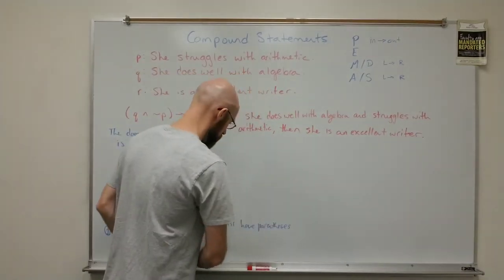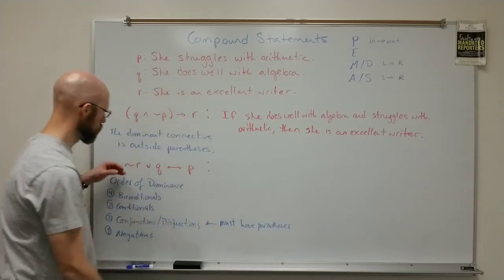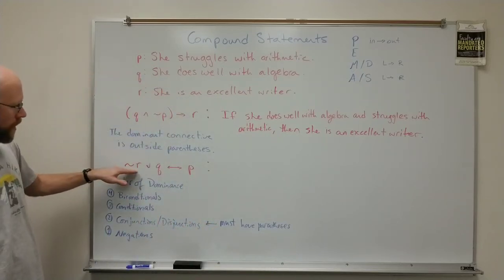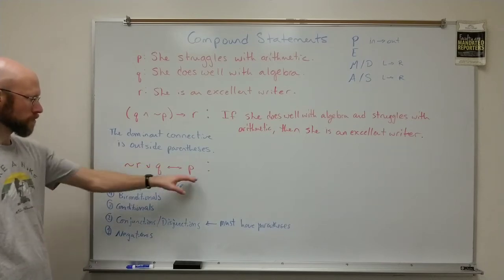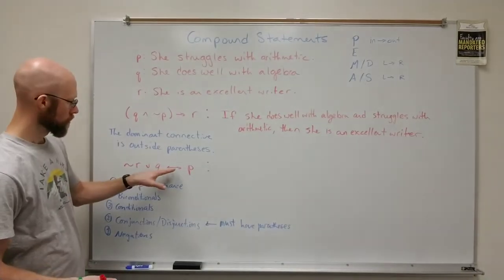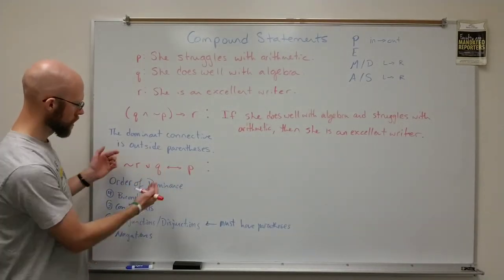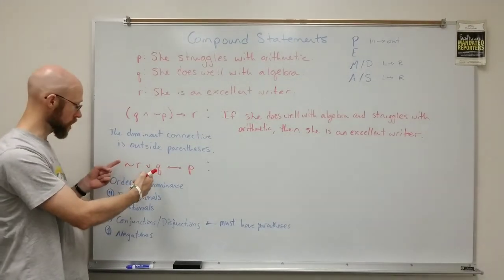Okay, so let's go back to this one we were working with in red here, not R or Q, if and only if P. So you could really think of this as the biconditional is most dominant. Everything else is in the first part of that biconditional statement.